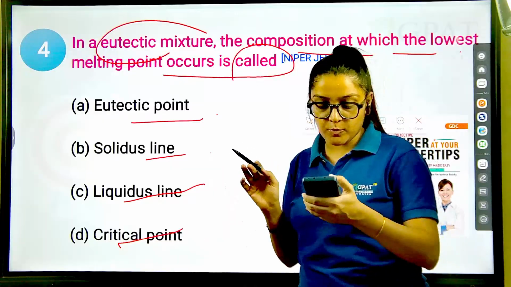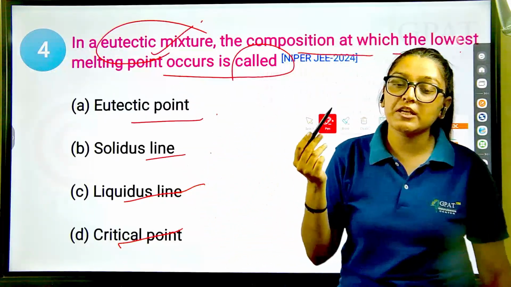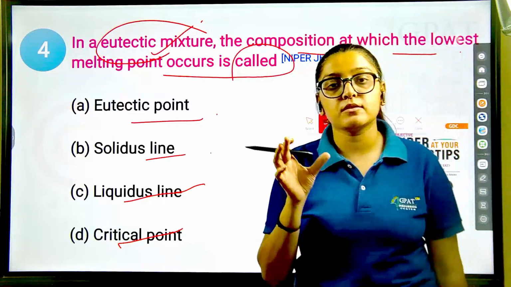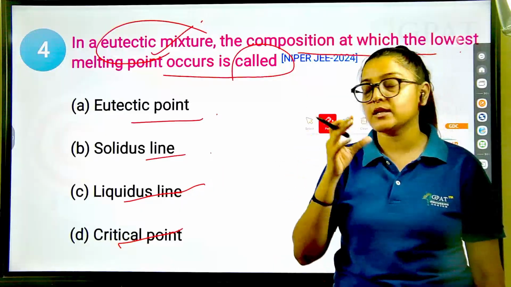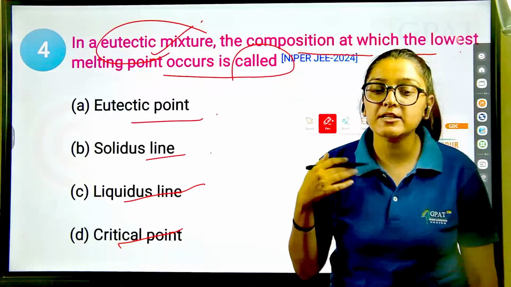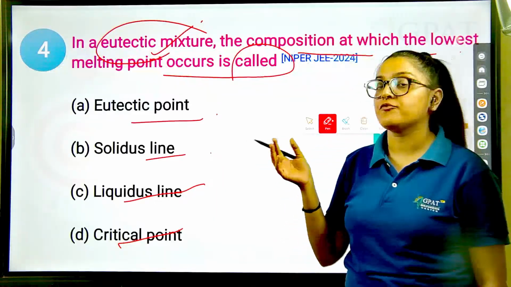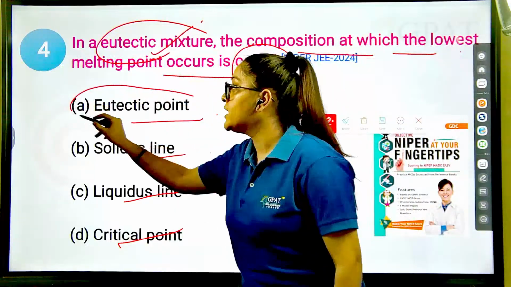First and foremost, the name itself mentions it is a eutectic mixture, where the components are present in a combination in which the melting point will be much lower than the melting point of the individual components. So for the eutectic mixture, it will be the eutectic point.